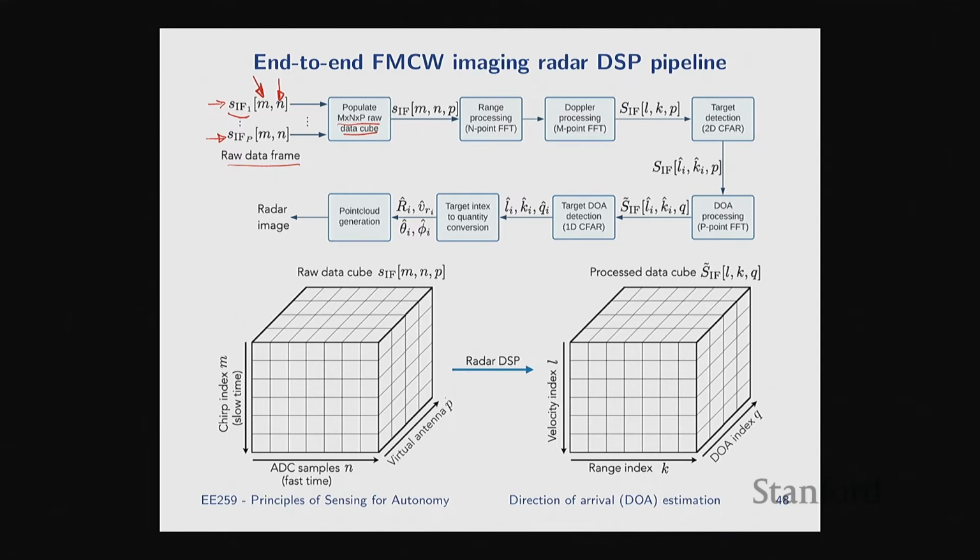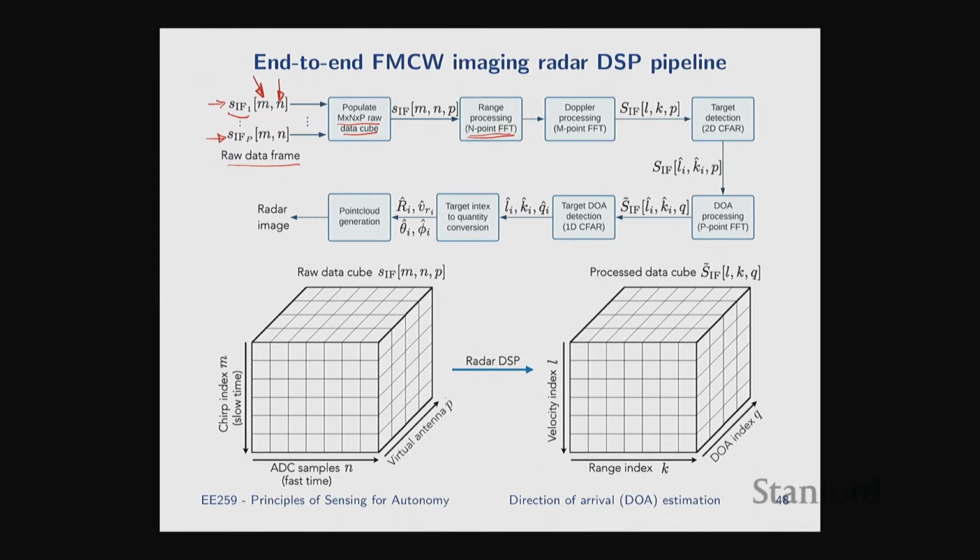The way the processing is done, typically you first do your range and Doppler processing. You can think of them as two individual FFTs, or you can combine them as a single two-dimensional FFT. Here we have shown them as independent FFTs. Mathematically it's equivalent; you can decide how you like to do it.